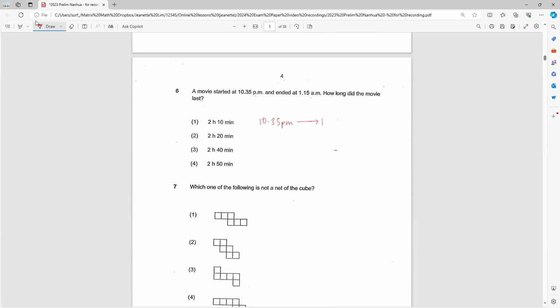Let's do it to 12 a.m. To 12 a.m. this is 1 hour, 25 minutes, because 1 hour later is 11:35, plus another 25 minutes to get to 12 a.m. Then 12 a.m. all the way to 1:15 a.m. is 1 hour, 15 minutes. Add up the time, 1 hour, 25 minutes plus 1 hour, 15 minutes, 2 hours and 40 minutes. So option 3.